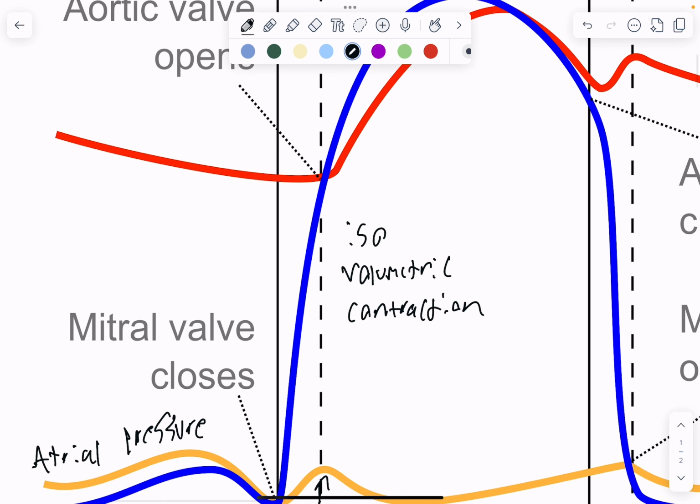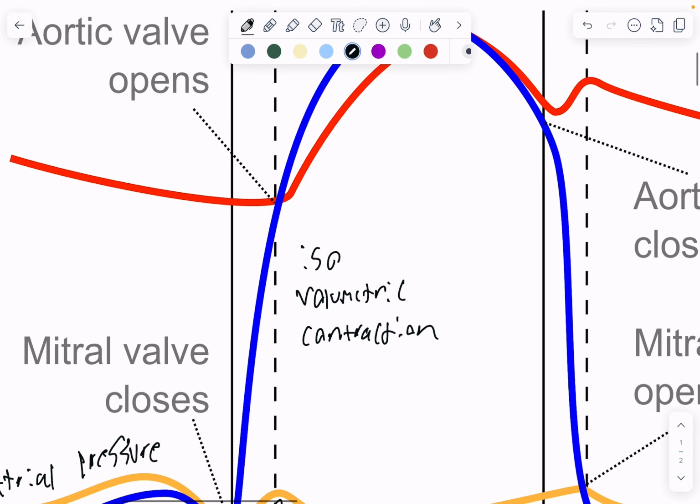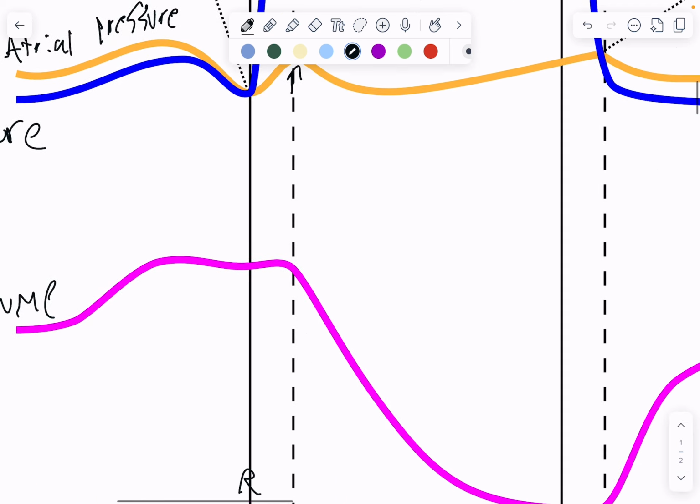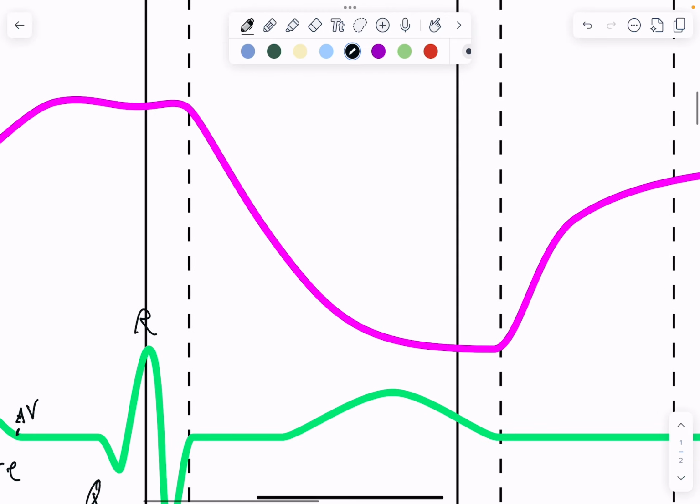And this isovolumetric contraction is occurring to get a high enough pressure, higher than the afterload, to open the aortic valve to then allow the flowing of blood out into the aorta and the rest of the body.